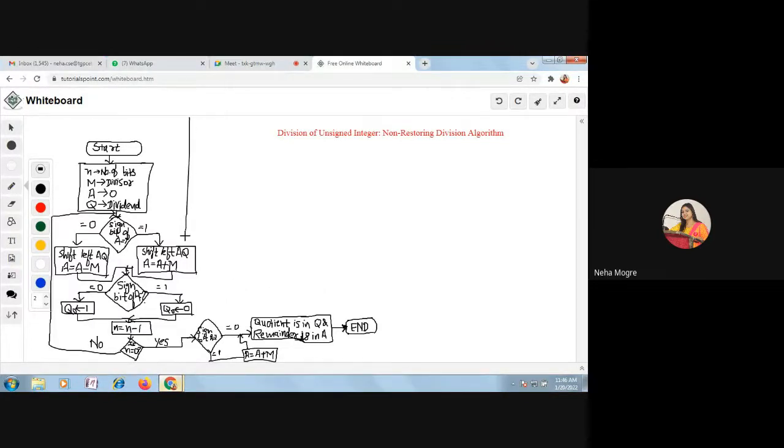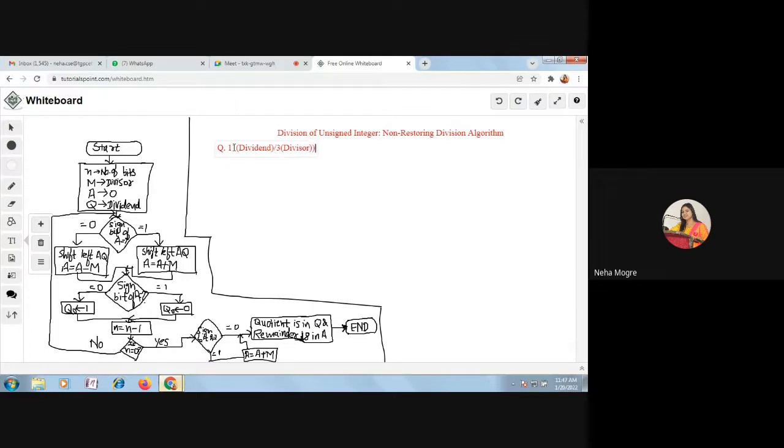Let me solve the same problem that we took using restoring, now using non-restoring. 11 divided by 3, where 11 is your dividend and 3 is your divisor.